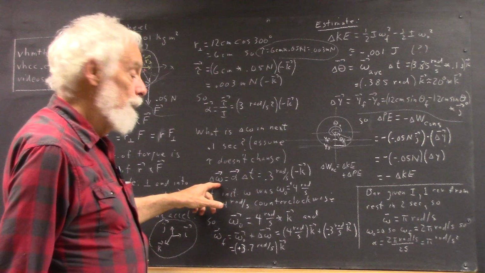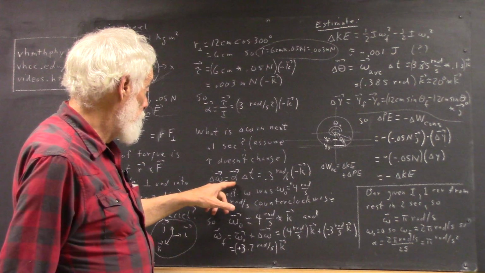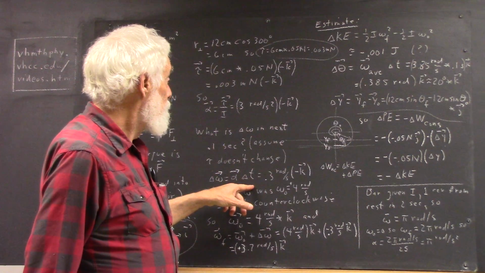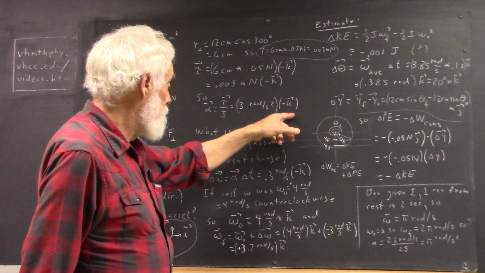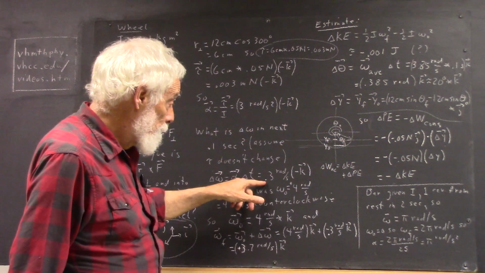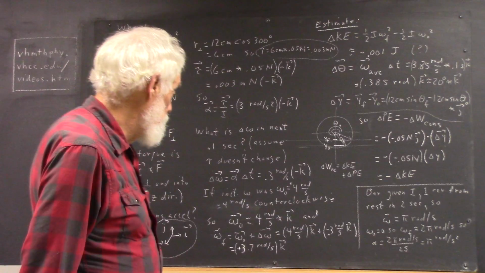So we get the change in omega, the change in our angular velocity, is our angular acceleration times our time interval. Well, there's our angular acceleration, this times negative k, time interval is 1/10 of a second, so we get this, 0.3 radians per second times negative k.